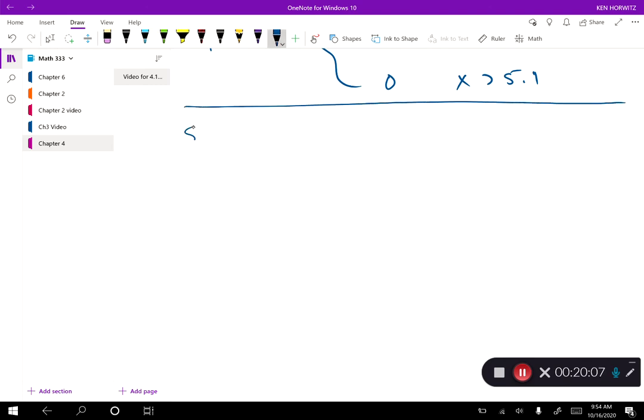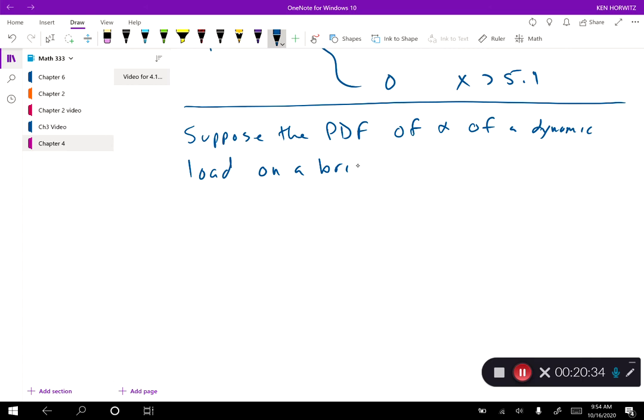Suppose the PDF of X of a dynamic load on a bridge is, you know what?